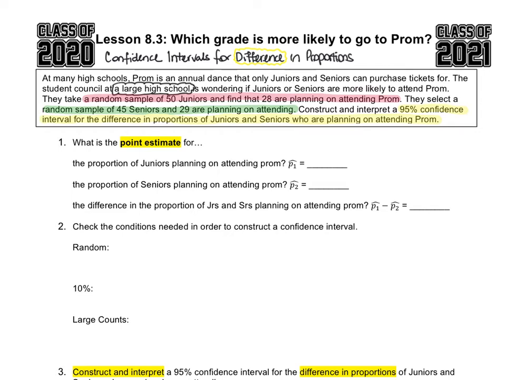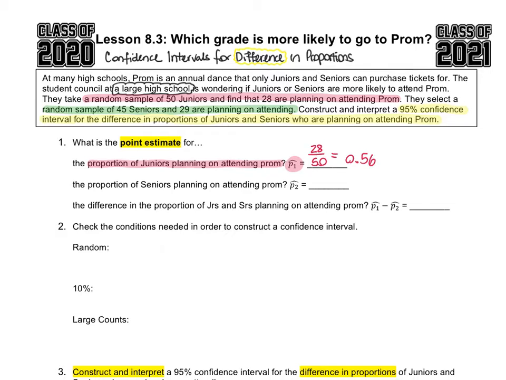Since juniors was indicated first, we're going to use p1 for the proportion of juniors planning on attending the prom. And we found out that 28 out of the 50 that were surveyed are planning on attending. That gives us a proportion of 0.56.